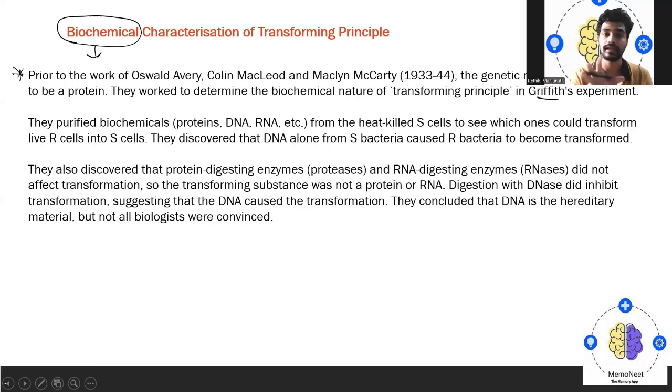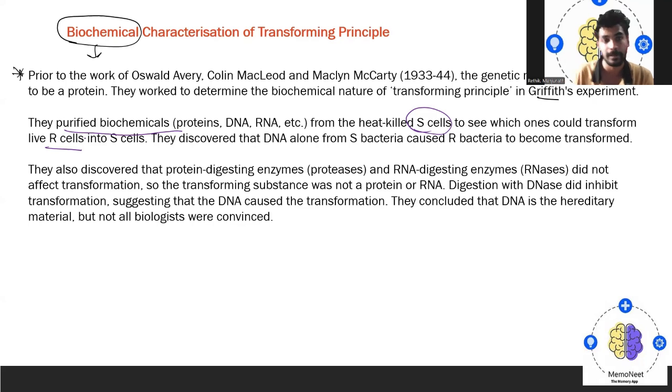One thing they did is they purified biochemicals such as protein, DNA, RNA, etc. from the heat killed S strain cells to see which one could transform. Which one will transfer, either the protein, DNA or RNA, from the heat killed S strain to the R strain, that is our living bacteria?